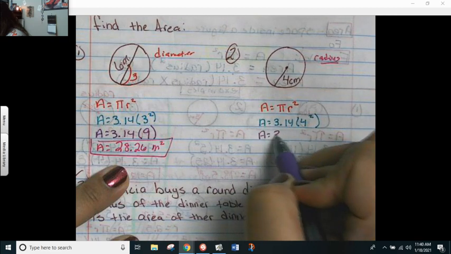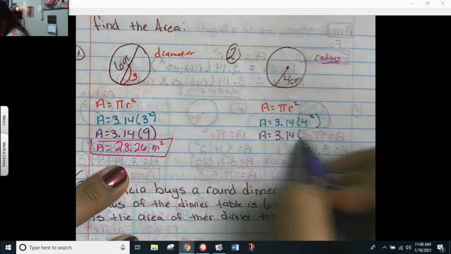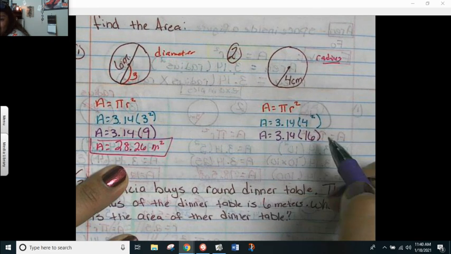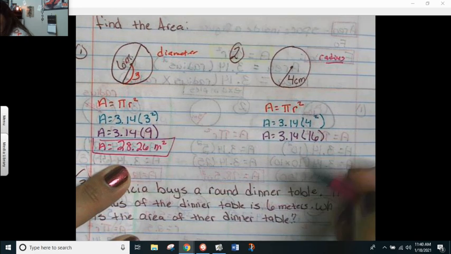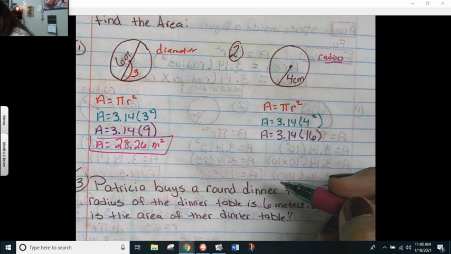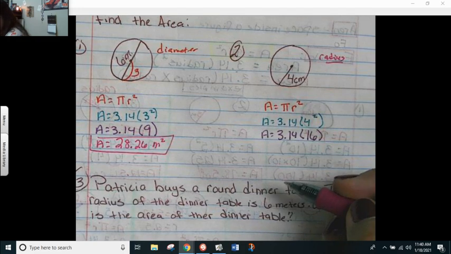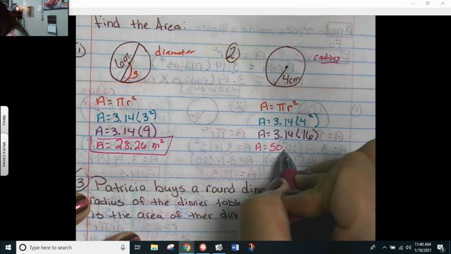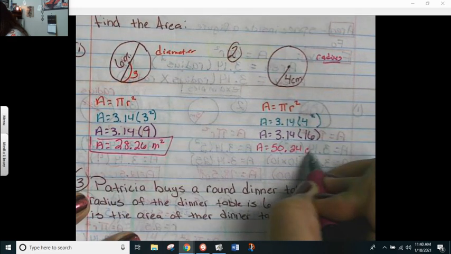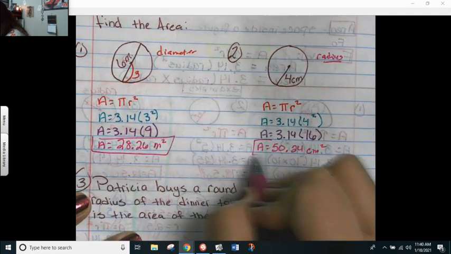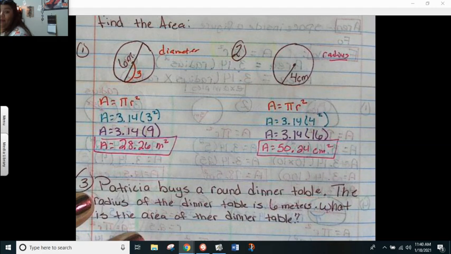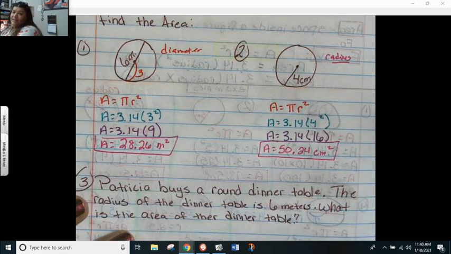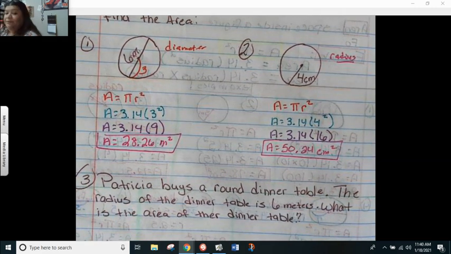And then you should have done 4 times 4, which is 16, not 8. And then lastly, you should have got area equals 50.24 centimeters squared. Okay, how'd you do on that one? Hopefully you did 4 times 4 is 16, not 8.